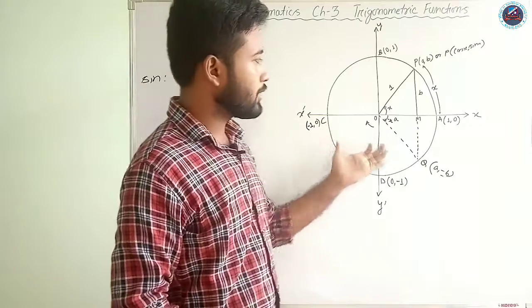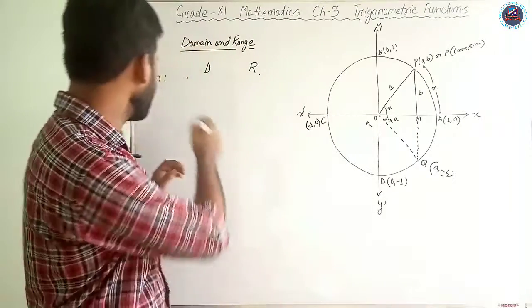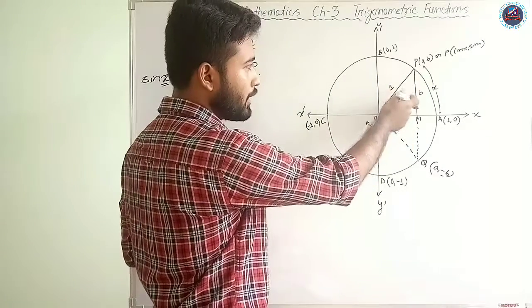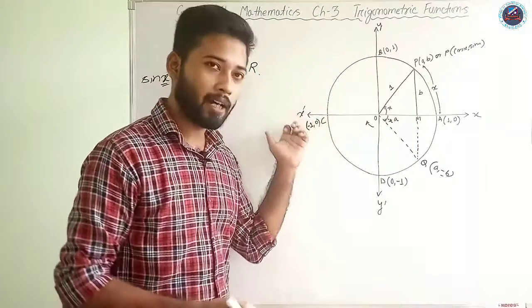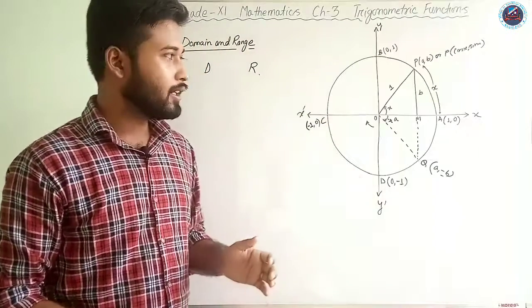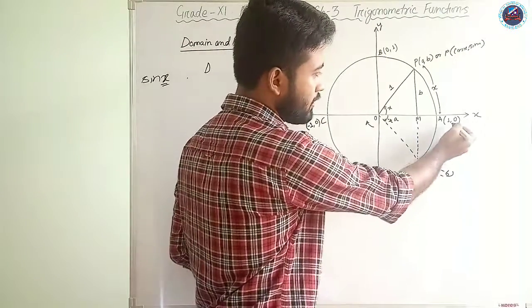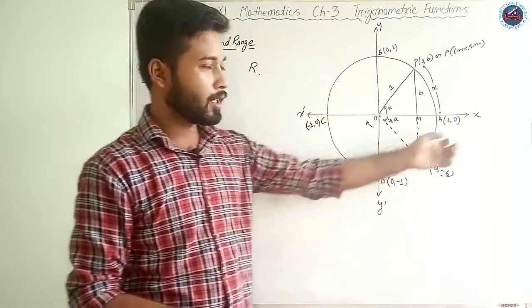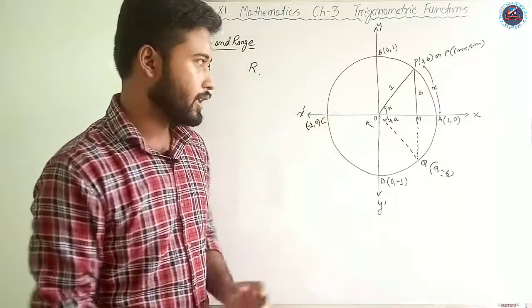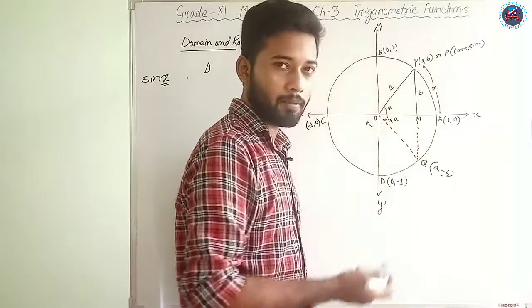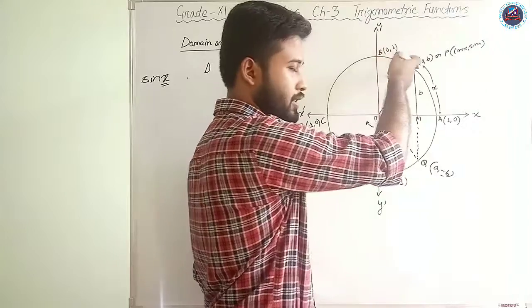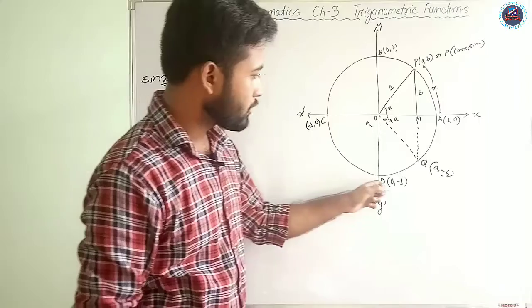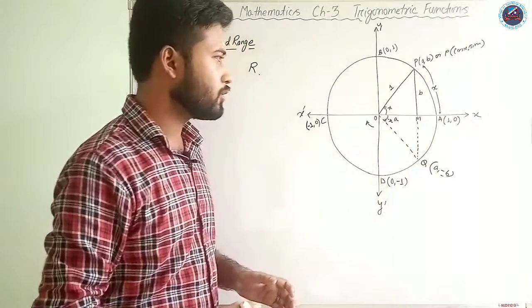For whatever value of x you take here, you can take 0, pi by 2, pi by 4, pi, 3 pi by 2, the value of sine will always be between 1 and minus 1, isn't it? The maximum value will be 1, the minimum value will be minus 1. Sine pi by 4 is 1 by root 2, sine pi by 2 is 1, then it comes to 0, then minus 1, again 0, 1, and it goes on like that.